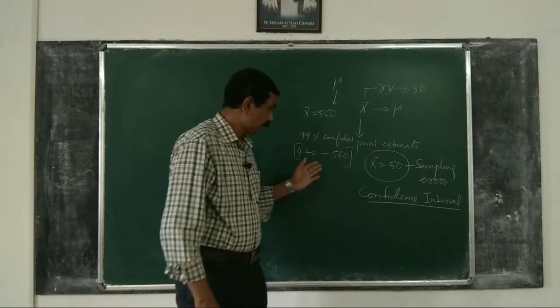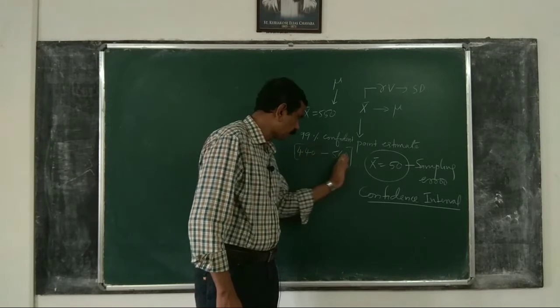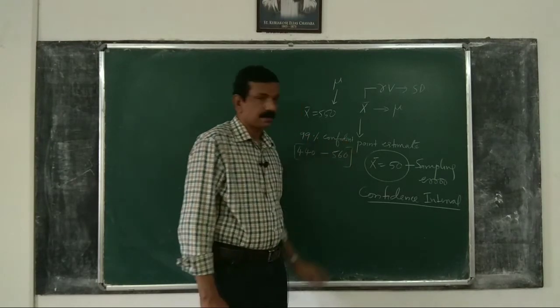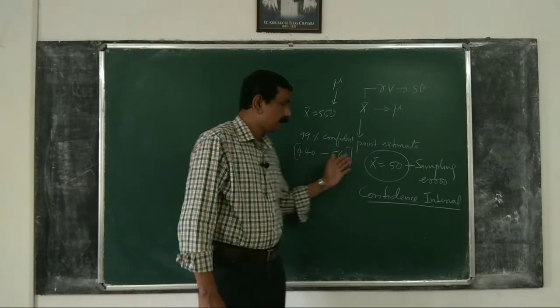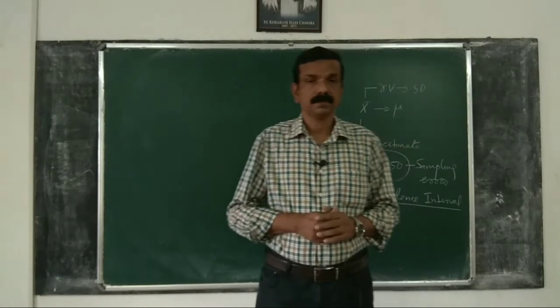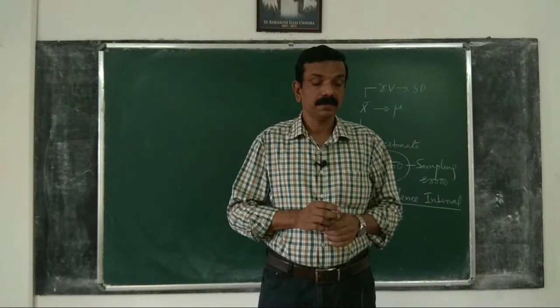So if we say that mu will lie between 440 and 560 with 99% confidence, this will give more information about the value of mu.